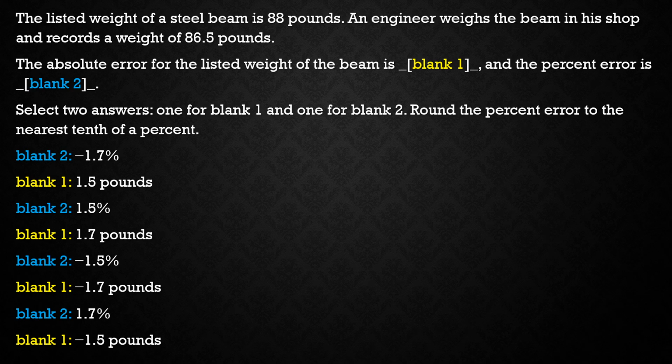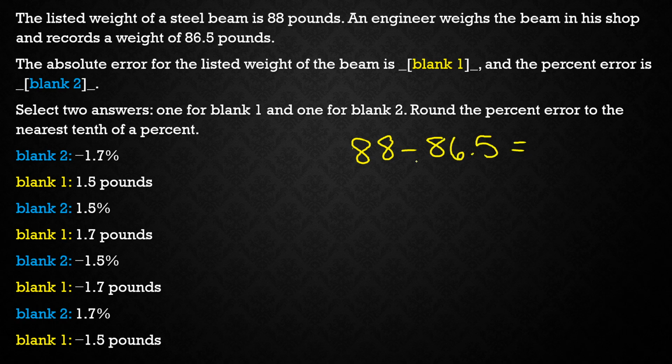Well, it's supposed to be 88 pounds, but this engineer only got 86.5 pounds. So I just need to figure out how many pounds are missing from what he got versus what is advertised. And to do that, I just need to do some subtraction.